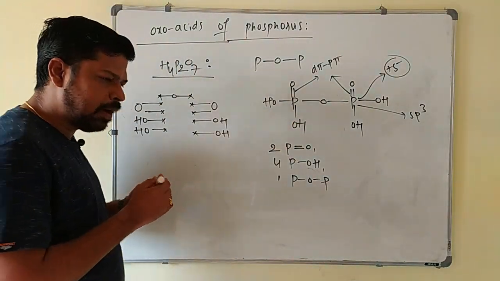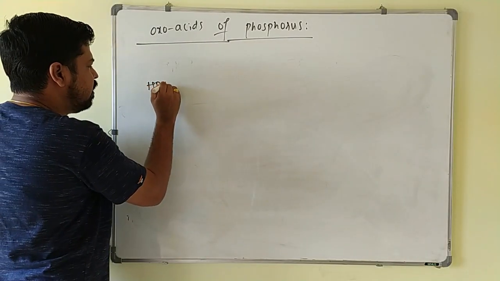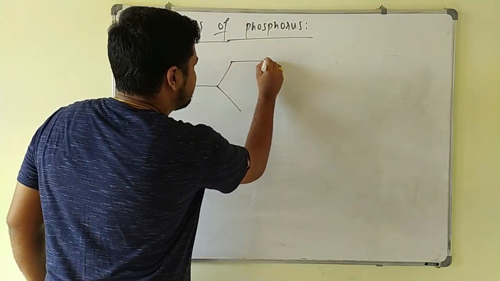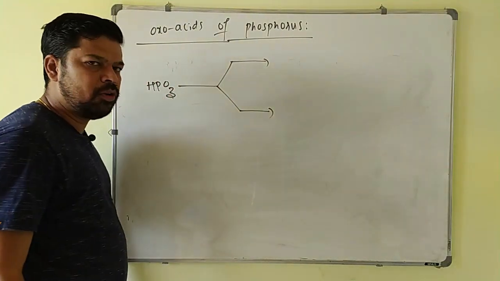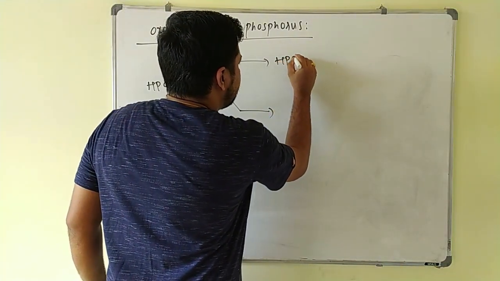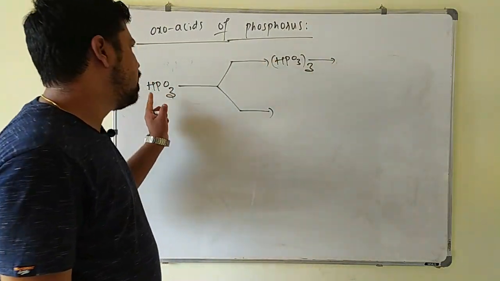Next we will go for metaphosphoric acid, HPO3. This metaphosphoric acid has two structures. It exists in cyclic form as well as in the polymeric form here. So the first one I will write HPO3 3 times. This is the cyclic structure of metaphosphoric acid.